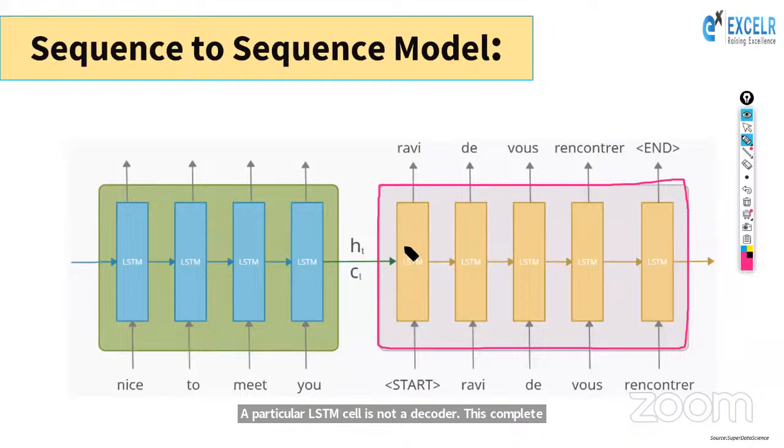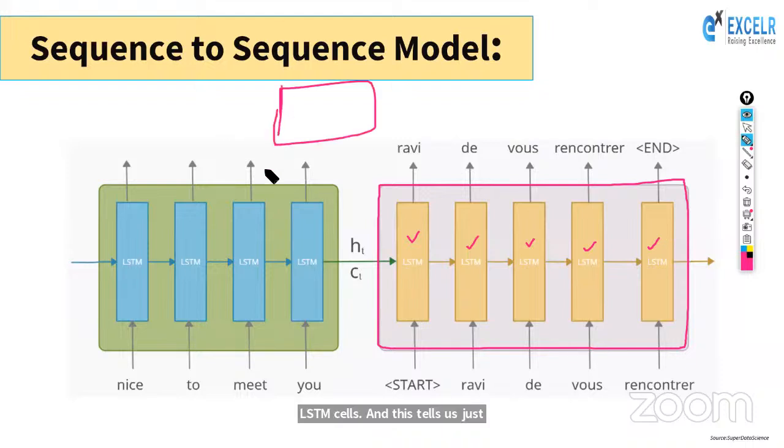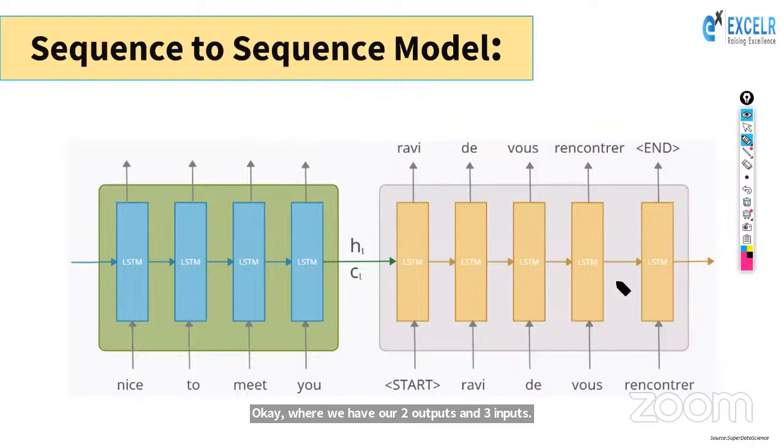Inside this decoder box, we have different LSTM cells. And these cells are just what I have shown you, a particular LSTM cell, where we have two outputs and three inputs. So each and every LSTM cell has two outputs and three inputs. For this particular LSTM cell, what are the three inputs?